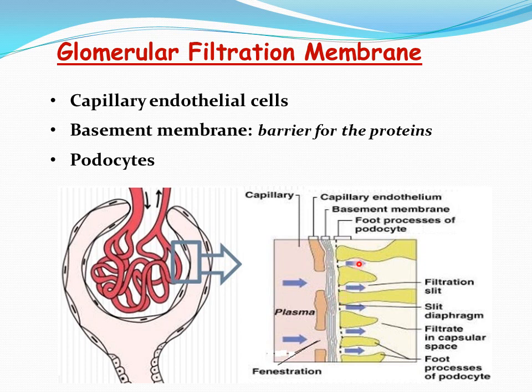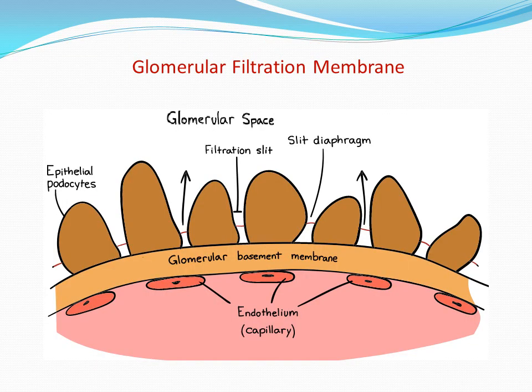You can see these very thin slits, known as filtration slits, through which the substances can be filtered. These slits are also bounded by a diaphragm. You can see this thin diaphragm, which also contains very thin pores through which the substances can be filtered. So this is the glomerular filtration membrane.